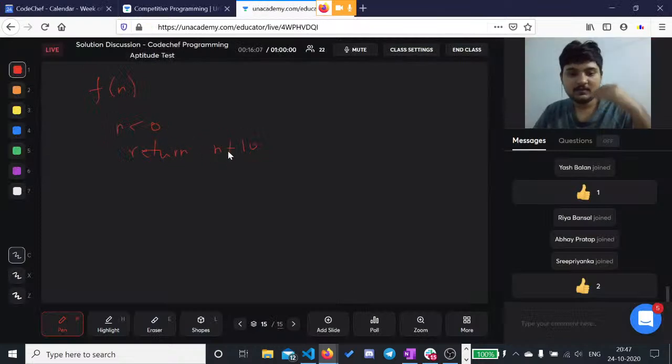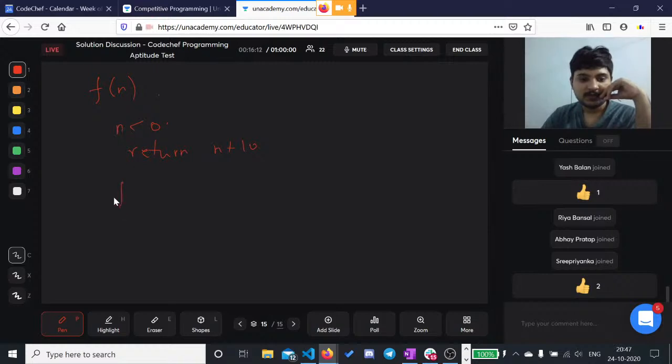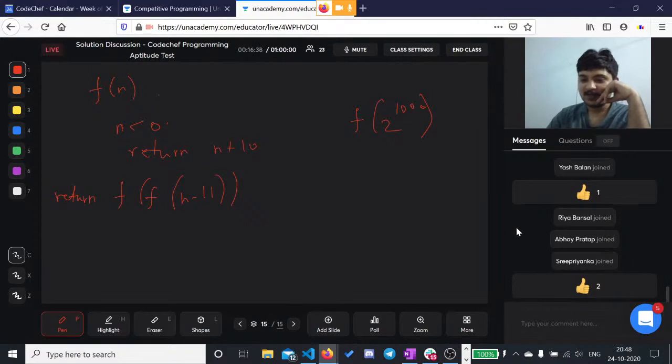Otherwise you return f of n minus 11. So this is a recursive definition for function f, and the question is, what is f of 2 power 1000? Did everybody get the question? Just put a confused face if you didn't understand the question.